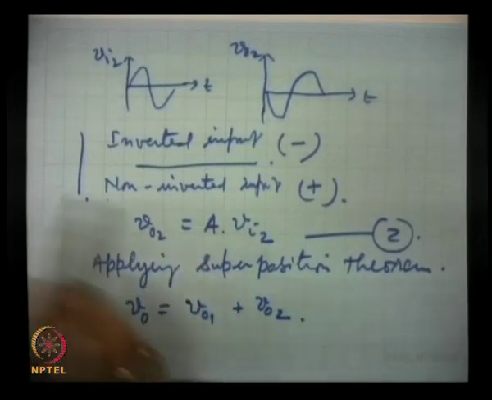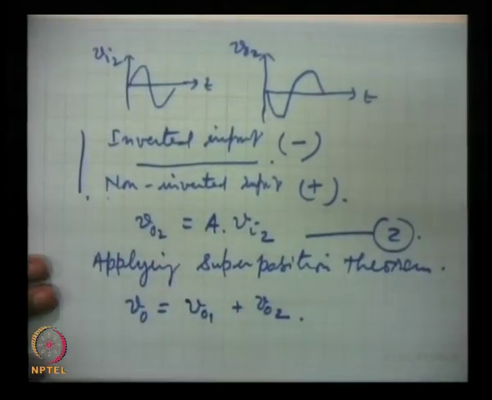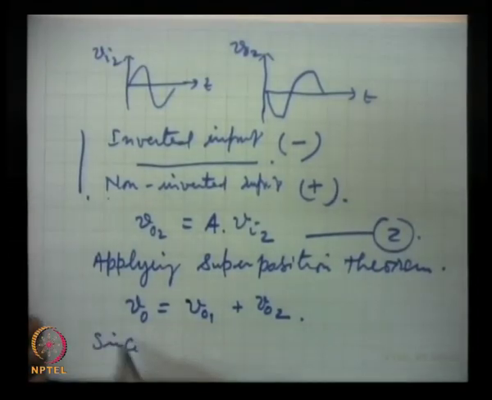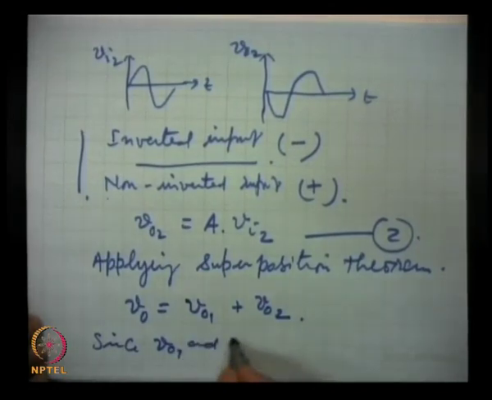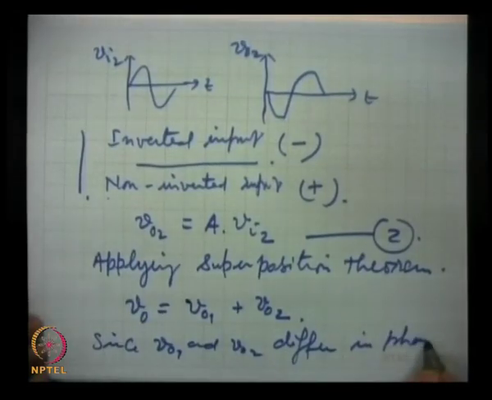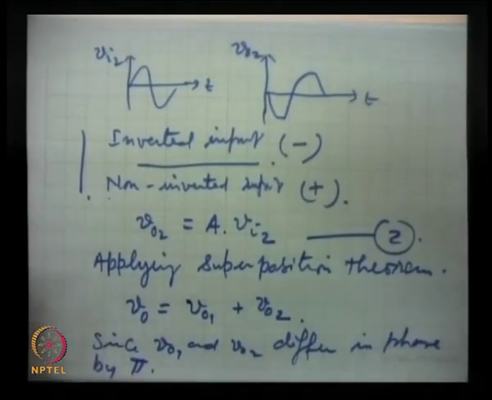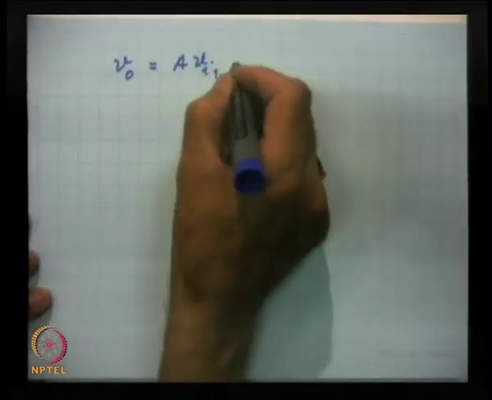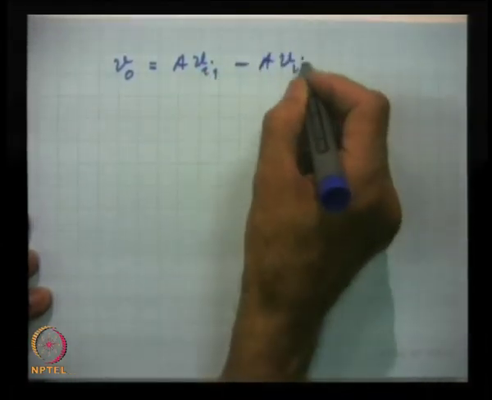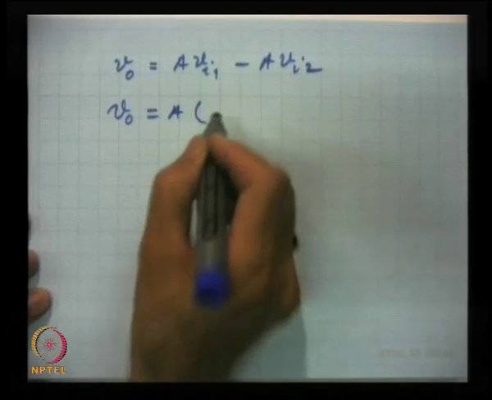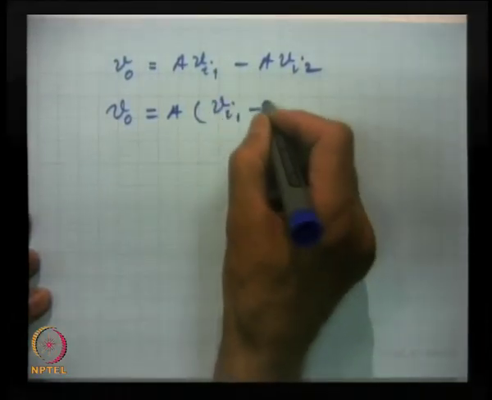And they differ in phase by pi, since VO1 and VO2 differ in phase by pi. Therefore, VO will be equal to A Vi1 minus A Vi2, or VO is A, which is common, times (Vi1 minus Vi2).